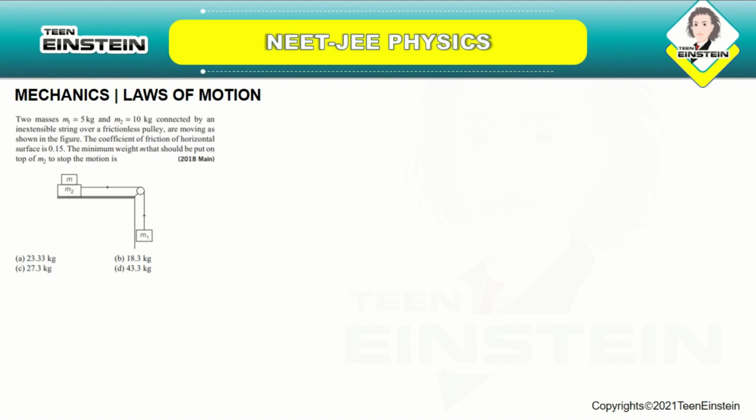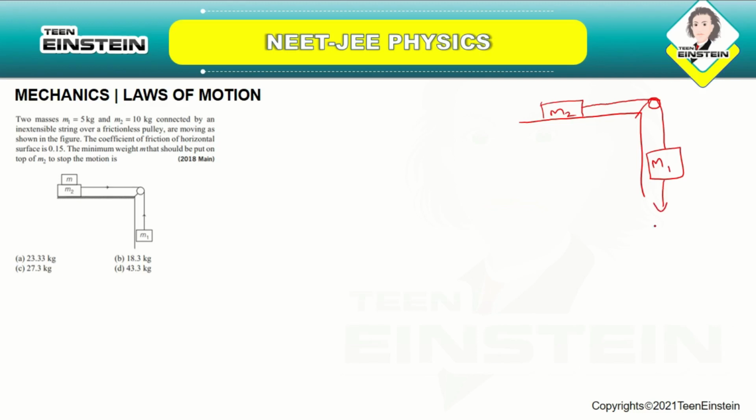So it's a frictionless pulley. Initially the mass is just pulling it down, and you have to add weight in order to stop the pulling. Here you can draw the diagram for it like this. You have the pulley over here, and here you have mass m2, and here you have the mass m1.